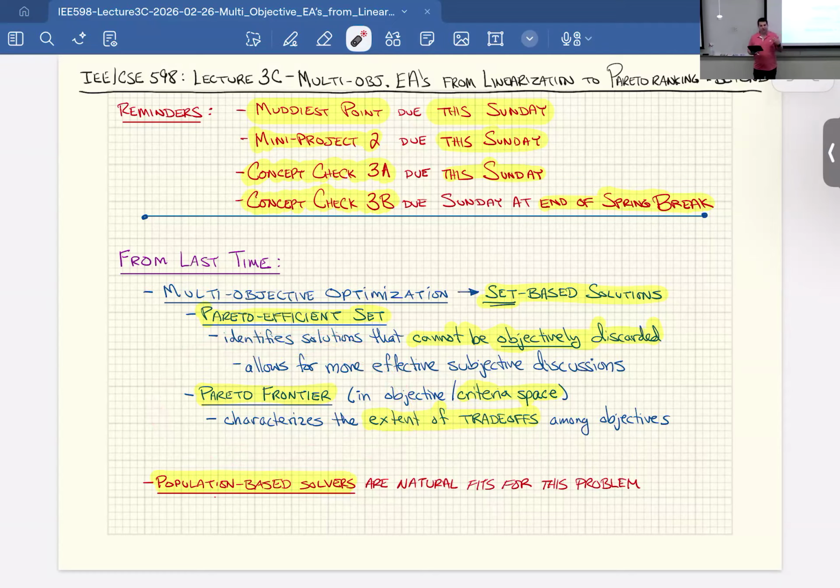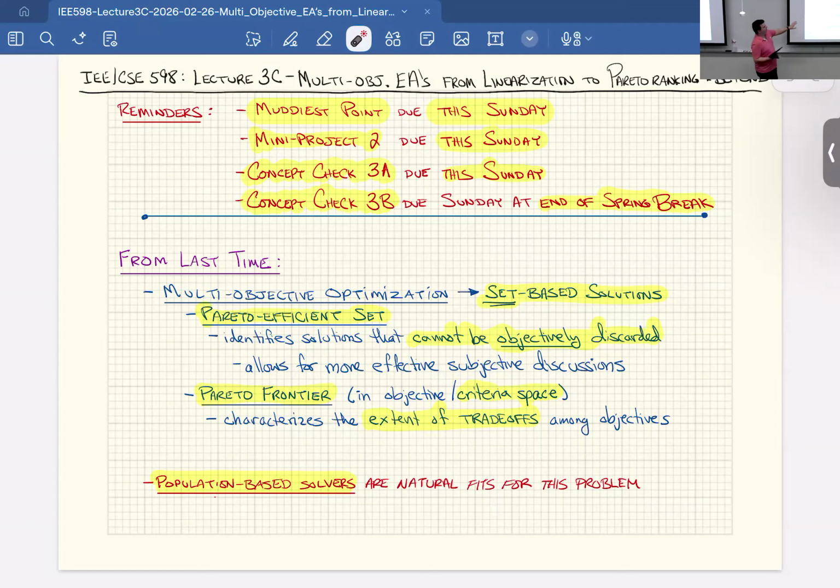And so given how weak of a trade-off there is, then maybe I'm willing to give up on one objective because I don't have to give up that much of it in order to get a lot in another objective. So by holding the subjectivity towards the end, it allows for a more informed way to set the weightings and to better understand the costs and benefits, the opportunity costs, or as the economists would say, the marginal rate of substitution between the different objectives.